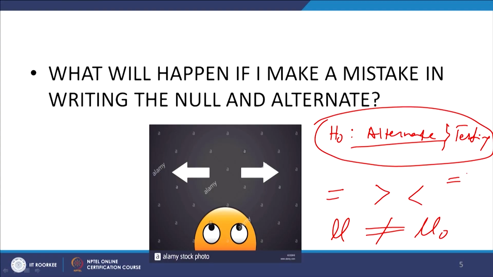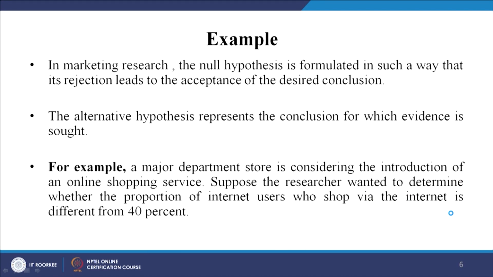The one that you want, please write it in the alternate hypothesis, and the equal to case, maybe equal to and greater than, or equal to and less than, you take to the null hypothesis. So forming the null and alternate is something you need to be very clear about.